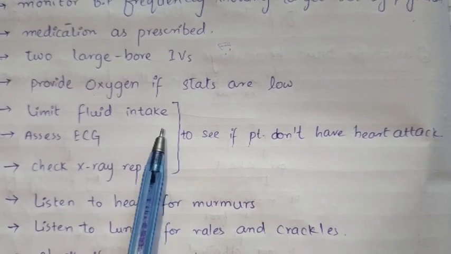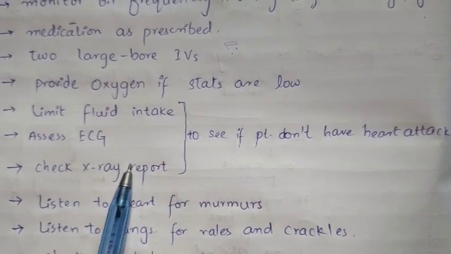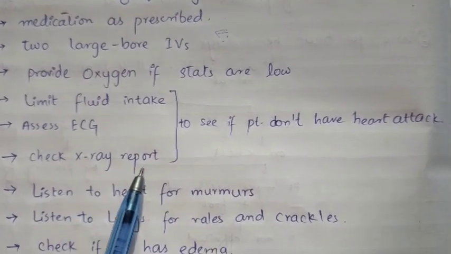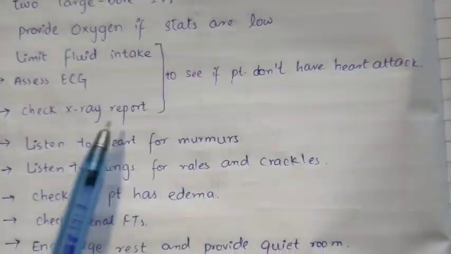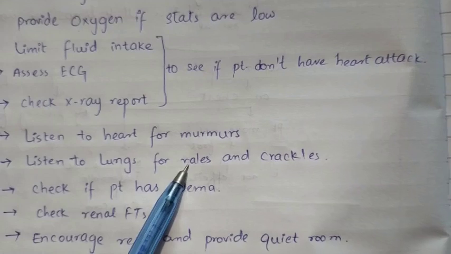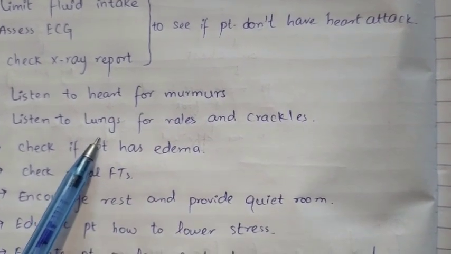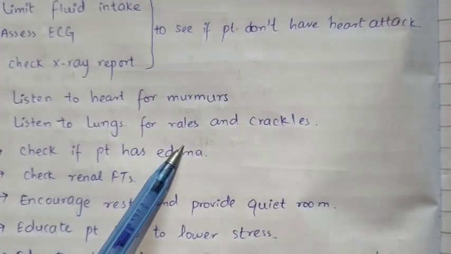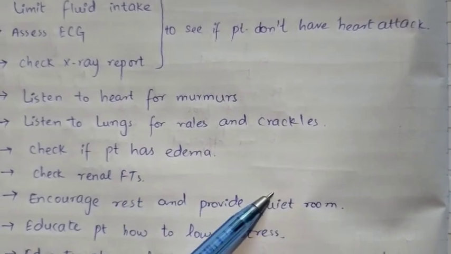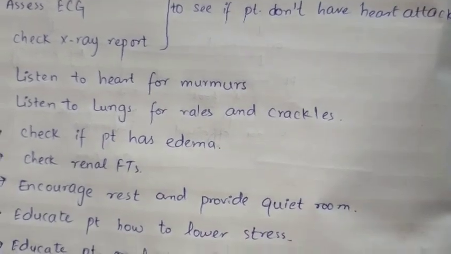If the heart is affected, assess the ECG, check the X-ray report, and listen for murmur sounds of the heart. To see whether the lungs are affected or not, you have to check for rales and crackles of the lungs.